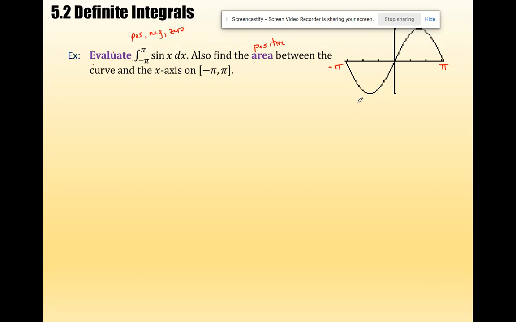Just intuitively. All your dx's are going to be positive, but your function heights to the left of 0 are going to be negative. Function heights to the right of 0 are going to be positive, and because of the beautiful symmetry of sine, what happens when you sum all of these rectangles with these ones? What's going to happen?